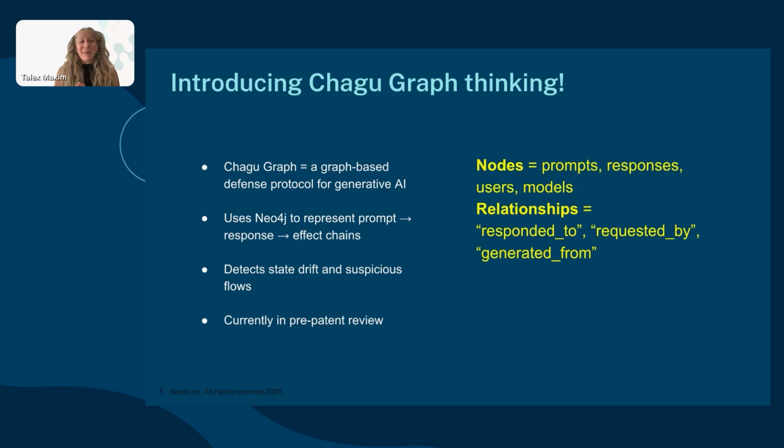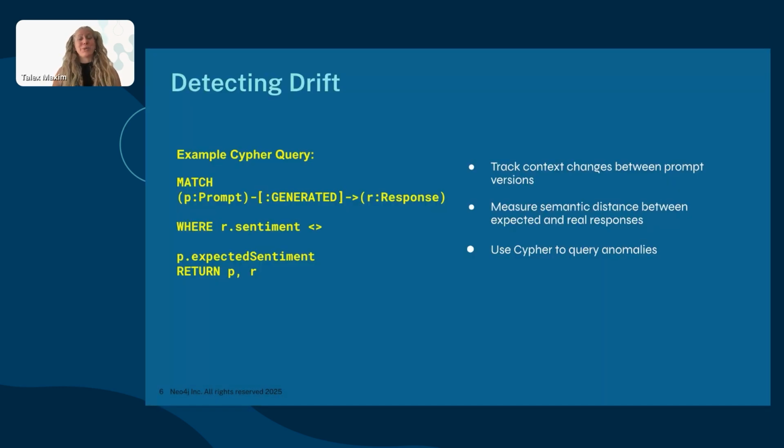The system also detects state drift and suspicious flow, and we're using Neo4j, of course, to represent prompts and to see our nodes. Later we will all see that as well.